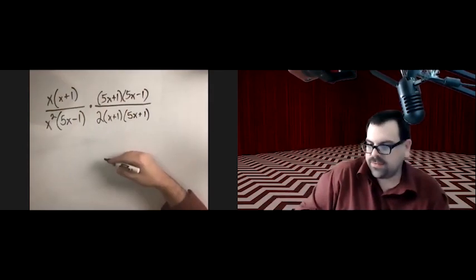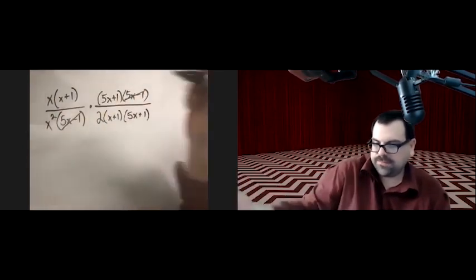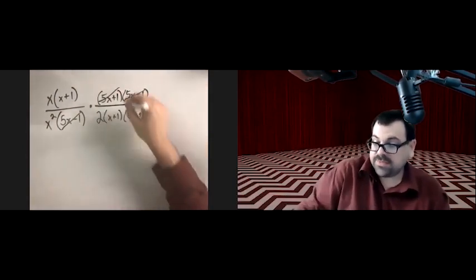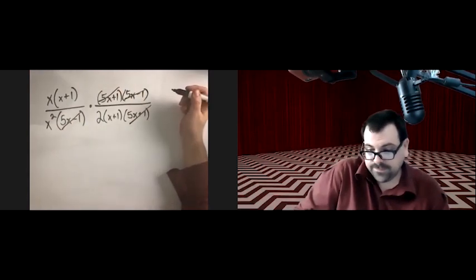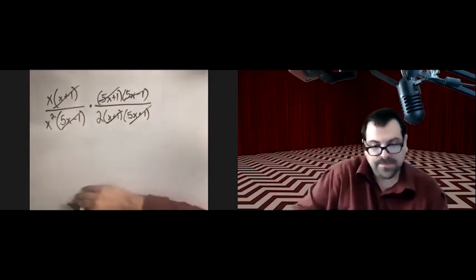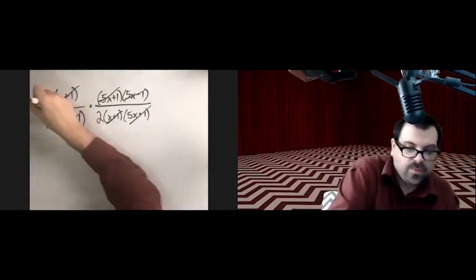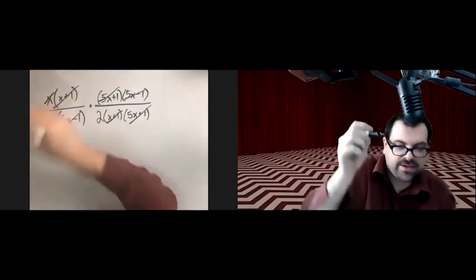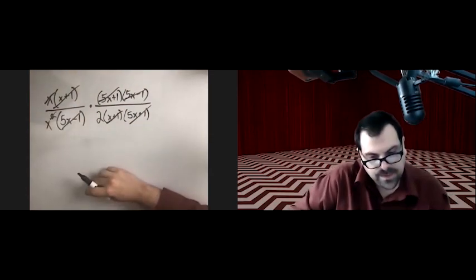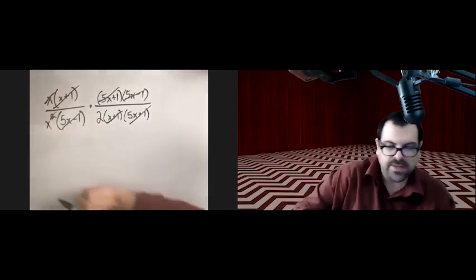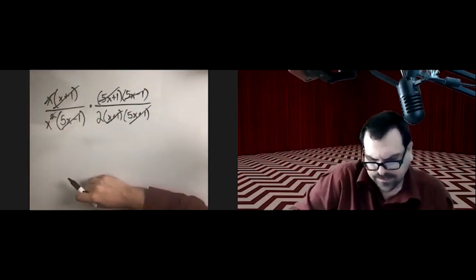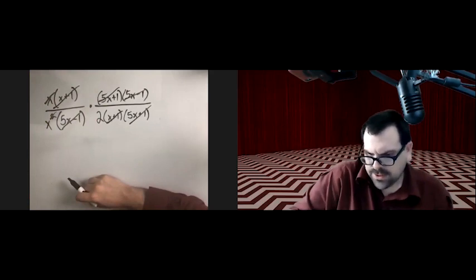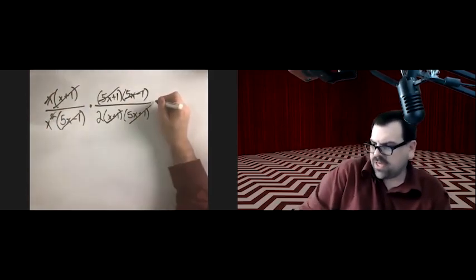What cancels? 5x minus 1, 5x plus 1, x plus 1, and one of the factors of x. How many more where? One of them on the bottom. So what's canceled? Everything from the top.